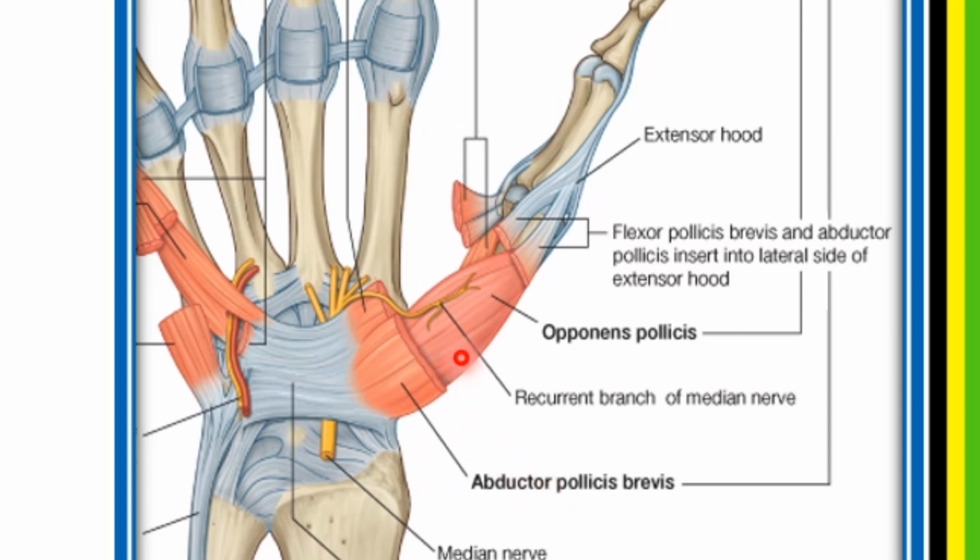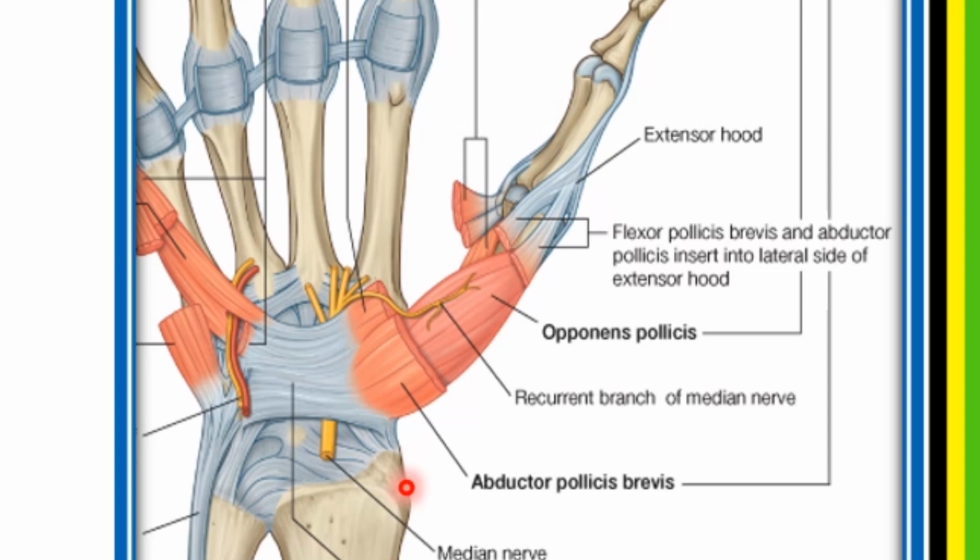Also, we've seen the cut edge of the Flexor pollicis brevis to enable us to see the Opponens pollicis. So Opponens pollicis is actually the largest of the thenar muscles, and as we said, it lies deep to the two structures.